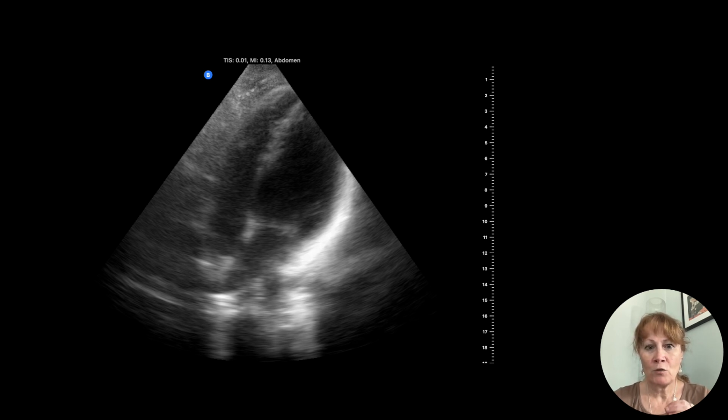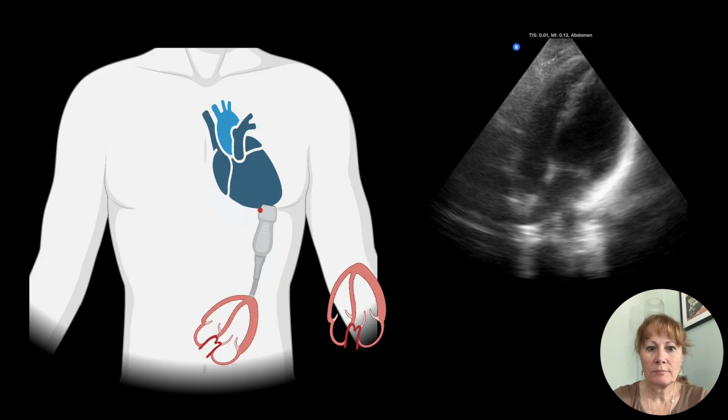So I'm going to go to the next slide and show you exactly what happened and how you would correct it. Okay, so why your interventricular septum was veering a bit to the right side of the image rather than straight up and down was because your probe was probably right here, and imaging more of the side of the right ventricle, which is right here.